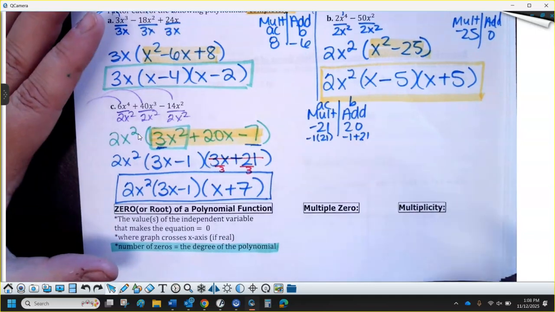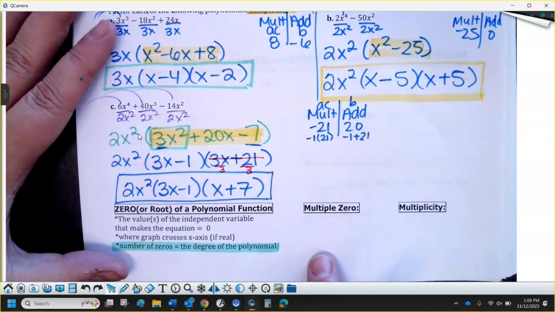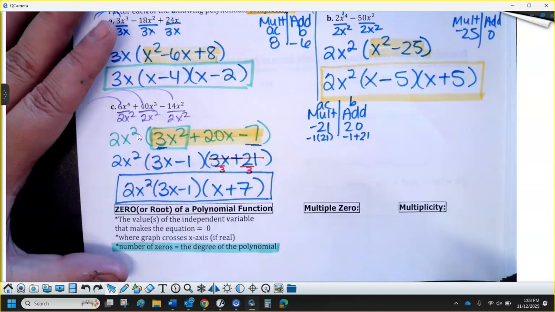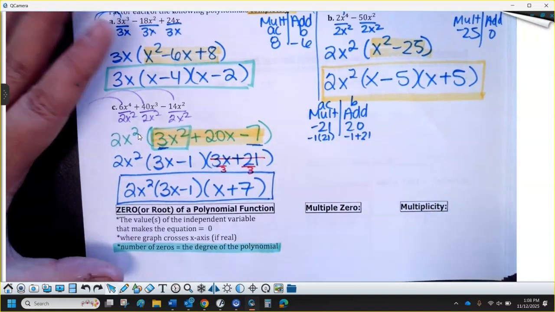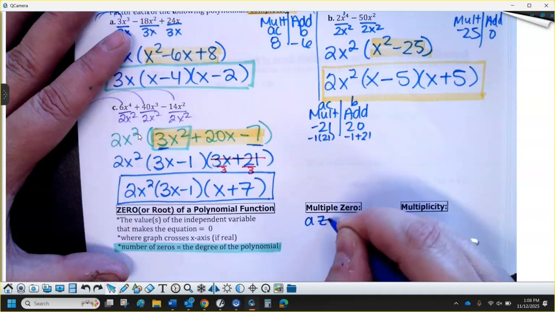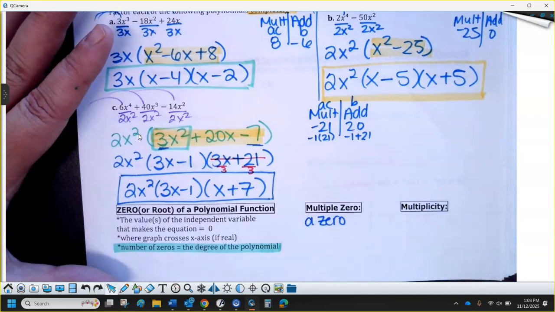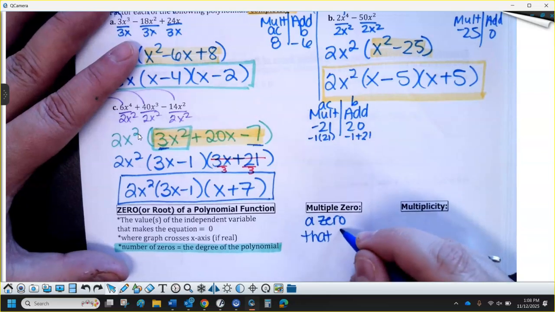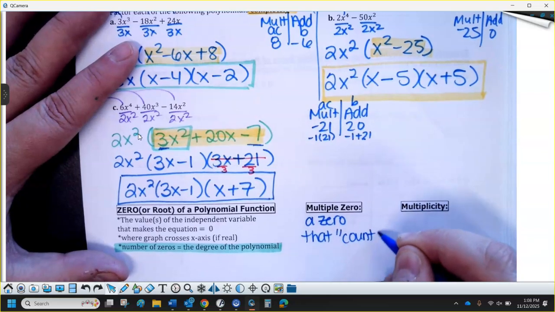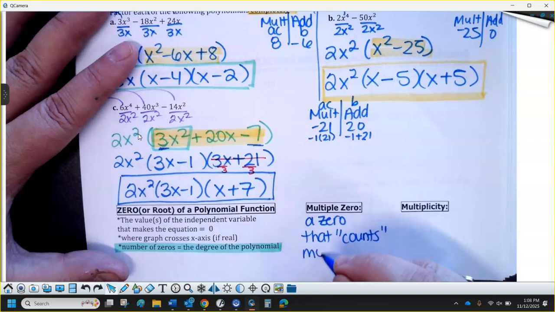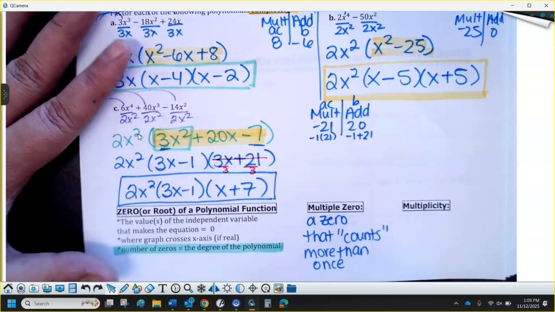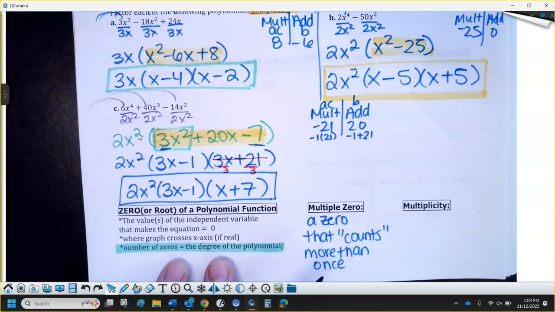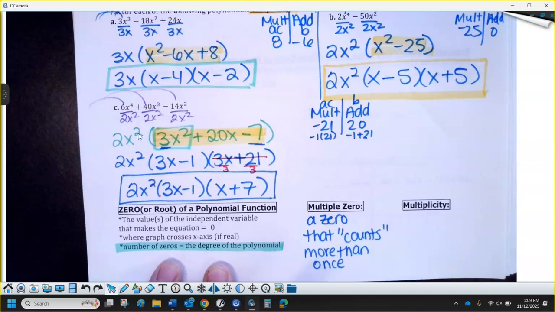Now, what we might have to deal with is called a multiple zero or a multiplicity. A multiple zero is a zero, solution, root, whatever you want to call it, and this is not a technical definition, but it basically counts more than once. And when I say counts, I mean in this number, so that the number of solutions you have add up to the degree of the polynomial.